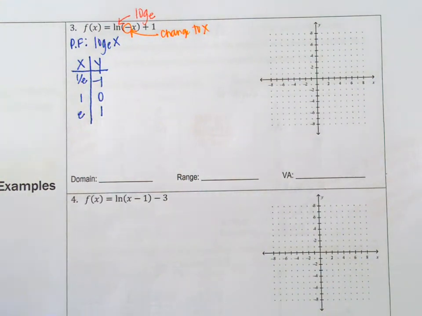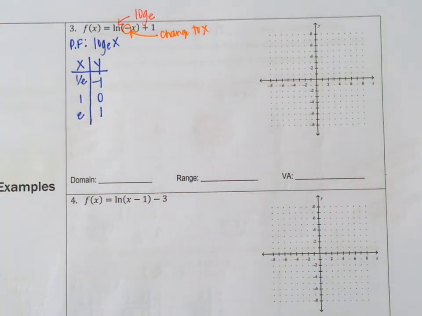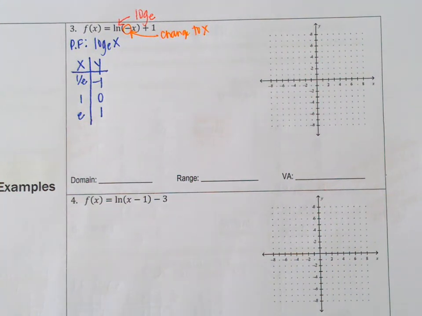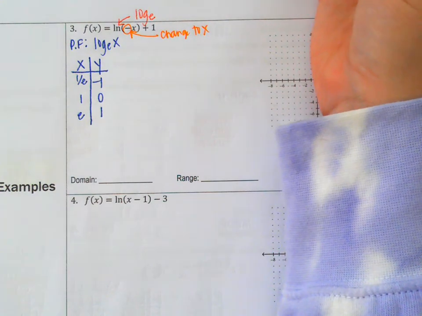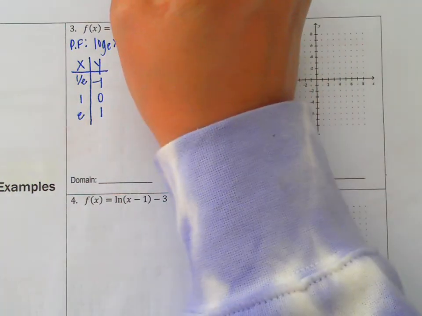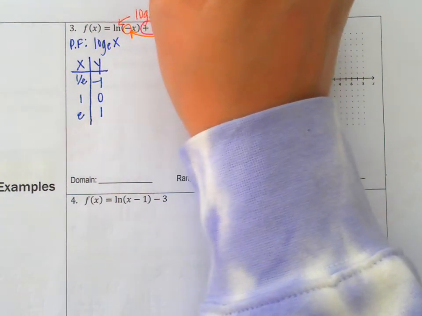And then we have the plus 1. Is the plus 1 within the function or is that outside the function? And that is outside. So that's going to be a change to y.